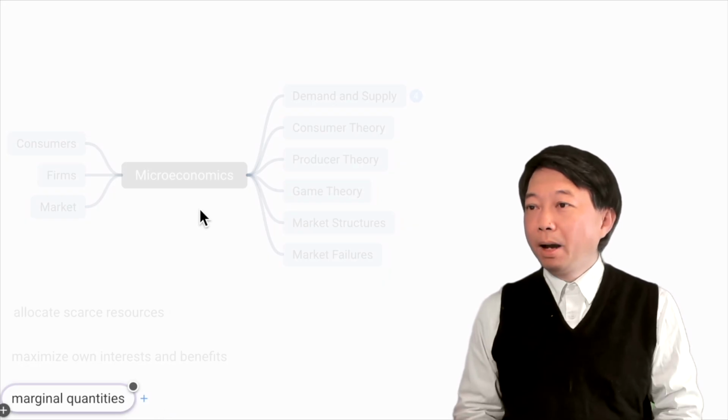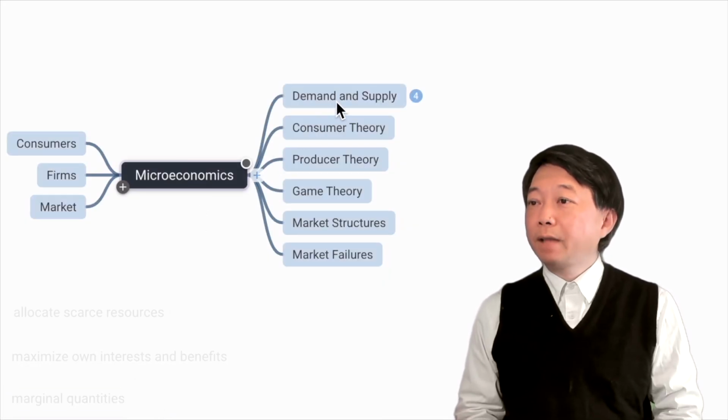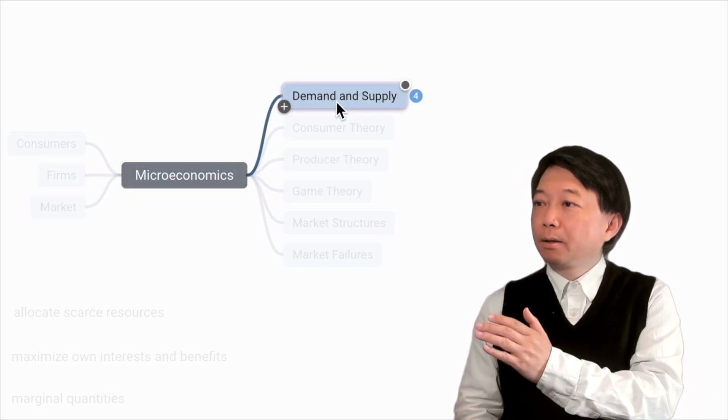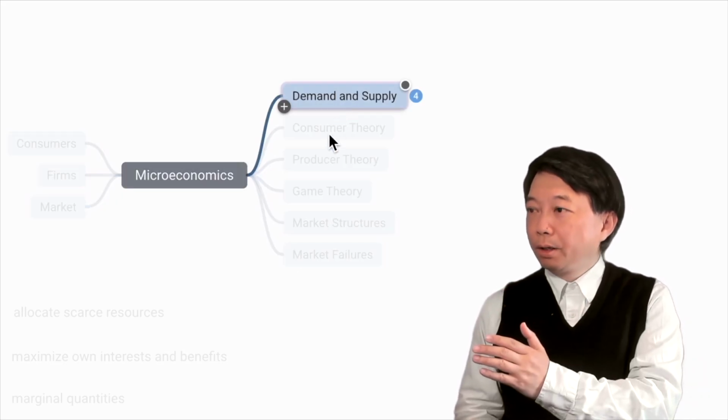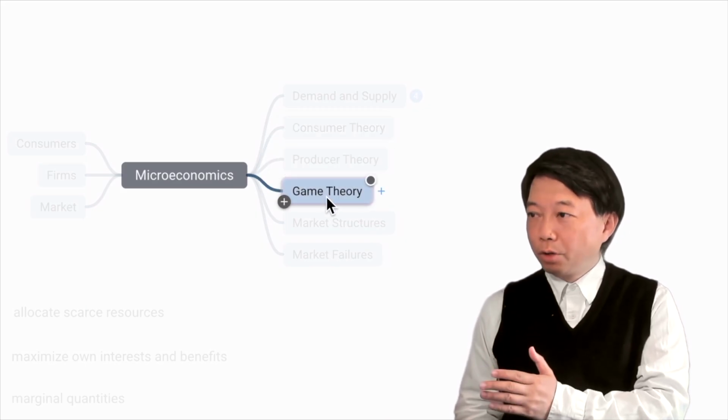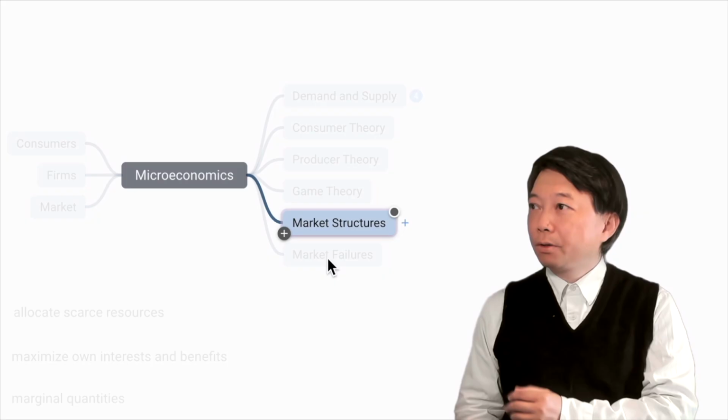An introductory microeconomics course covers 6 key areas: demand and supply, consumer theory, producer theory, game theory, market structures, and market failures.